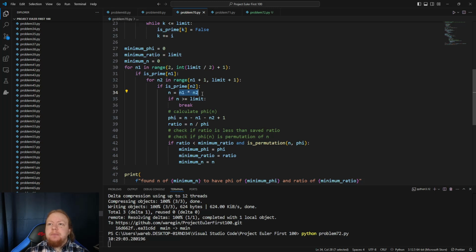So there are precisely n1 multiples of n2 that are below n, and there are precisely n2 multiples of n1 that are below n.